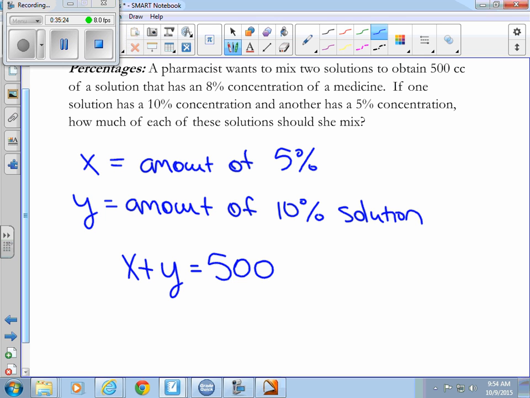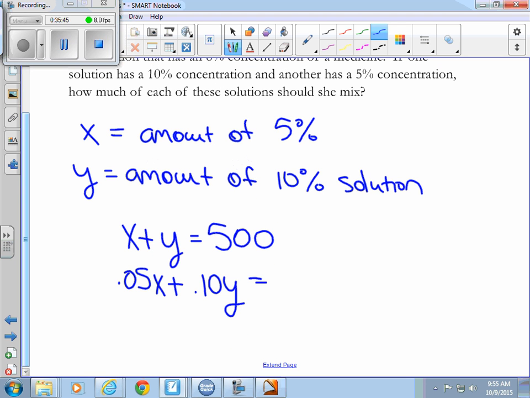But we want there to be an 8% concentration of that medicine in the solution. So that's our game plan. Well, the X has a 5% concentration. The Y has a 10% concentration. I want that to add up to be 8% of the total solution. So 8% of what? 8% of 500.